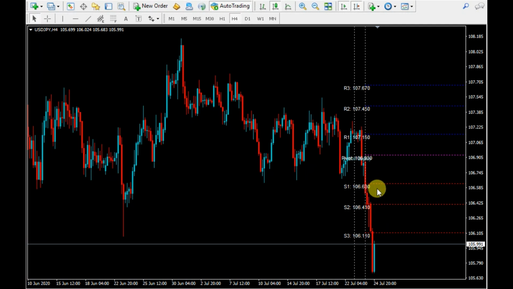Now if the candle breaks under the support by 4 o'clock or 4:01, that means the support has broken, and there are high chances of the candle going down towards S2.